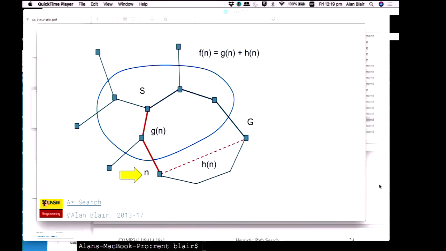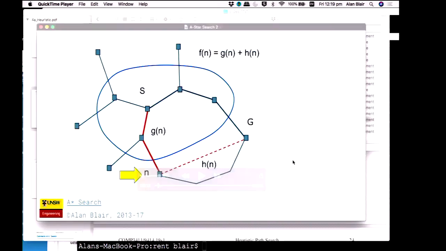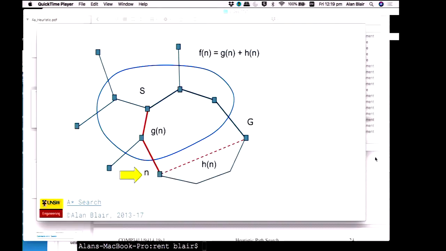Now, how do we prove that it'll find the shortest path? Again, this is the start node, and we always have this inner ring of nodes that have been expanded, and then an outer ring of nodes that have been generated.